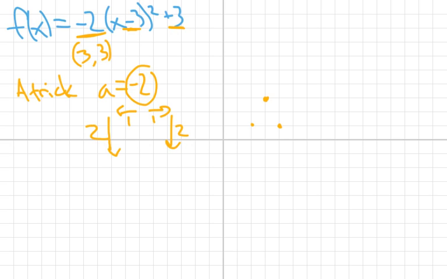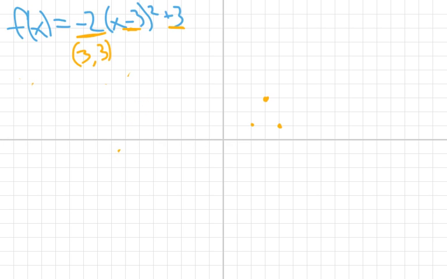The way I would go about finding the y-intercept is I have to expand out this quadratic equation. So what that looks like, I take -2 times, and I'm going to FOIL this out. x squared minus 6x plus 9, plus 3. Times it all out by -2.